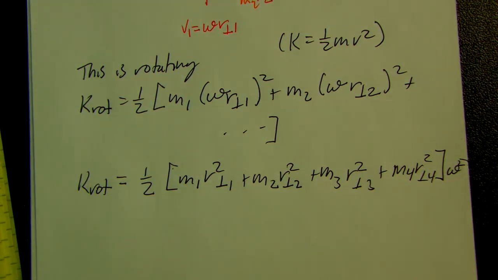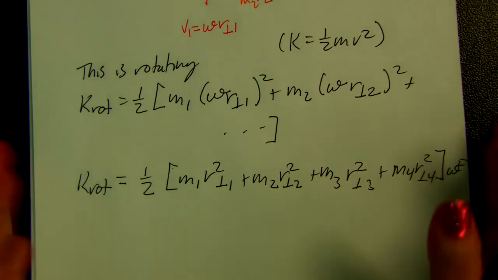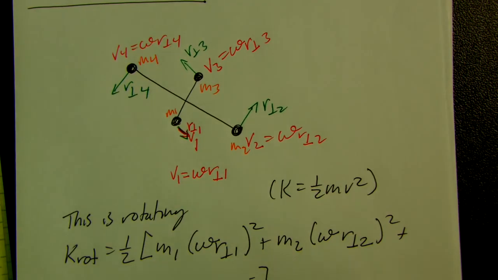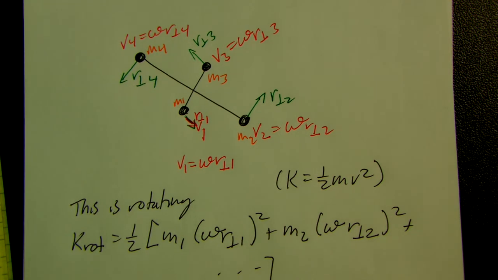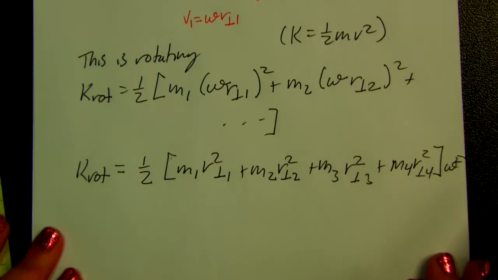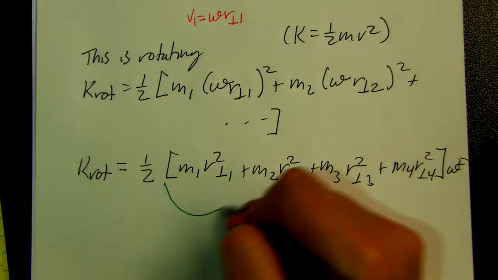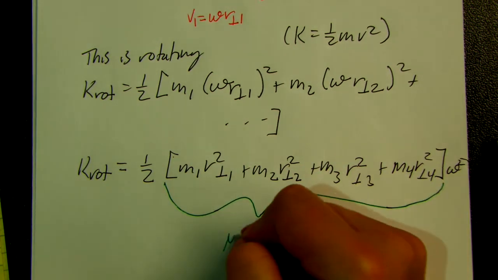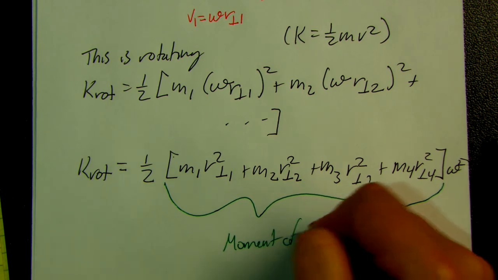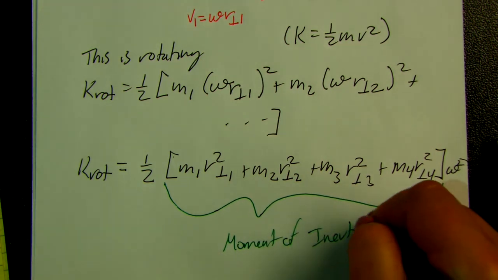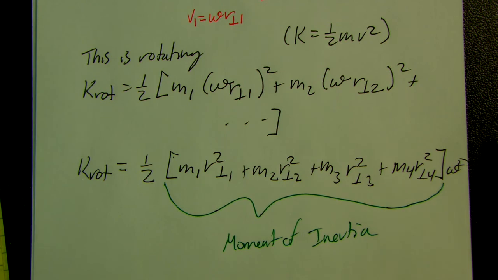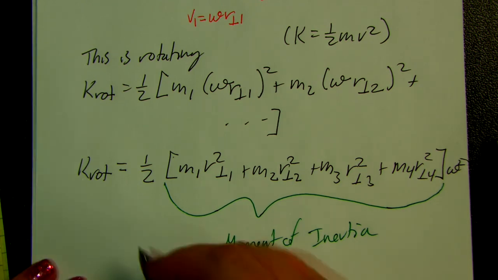We don't know if the m's are the same, and we can see by looking at the picture that the r's are different from the center. We need something generalizable. We have just identified a really important quantity, known as the moment of inertia. Conceptually, this is how much the object wants to resist rotation.